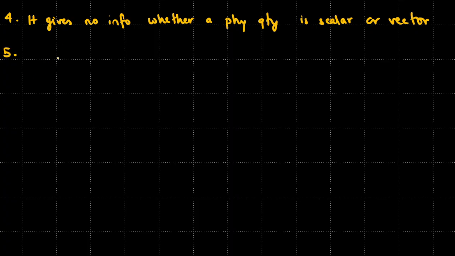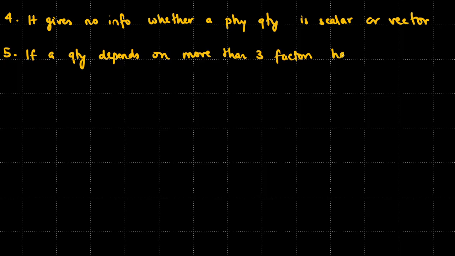So now the fifth one is, if a quantity depends on more than 3 factors having a dimension, the formula cannot be derived.